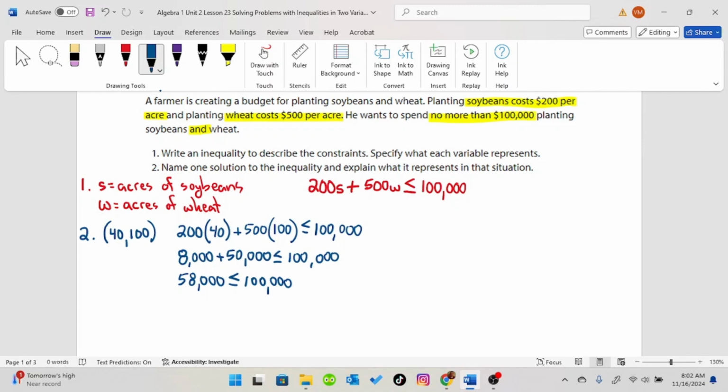They want us to explain what this represents in this situation.